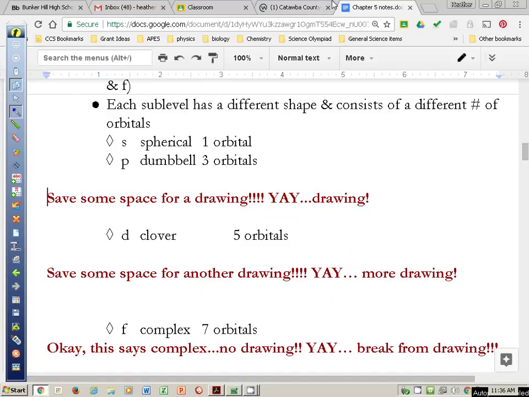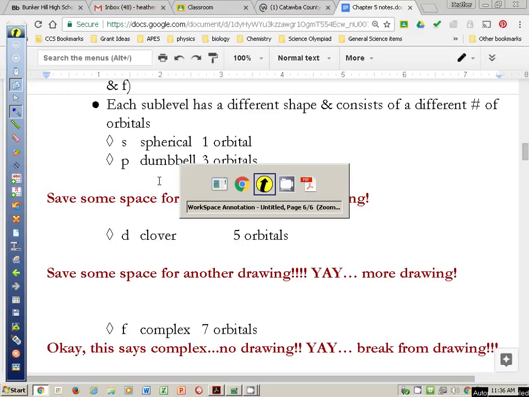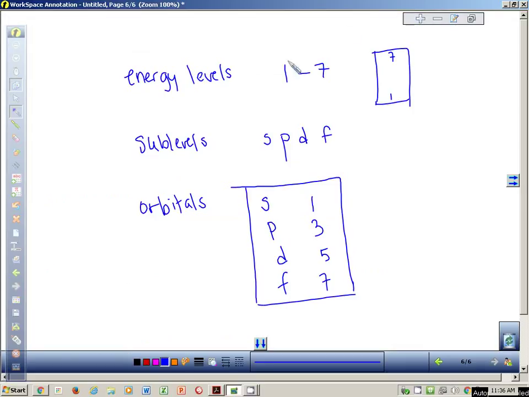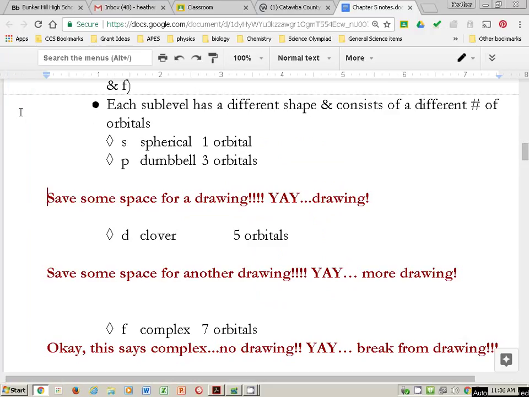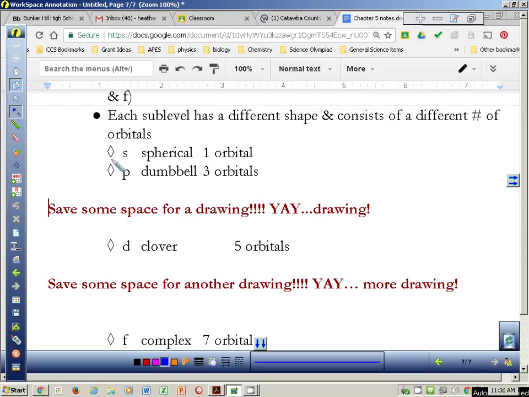Let's see if it'll let me write on it. I don't think it's going to. Let me get rid of this. I'm sure there's probably a way. Alright, let's capture this one. If we look at S, P, D, and F, I have the shapes for you written out right here.